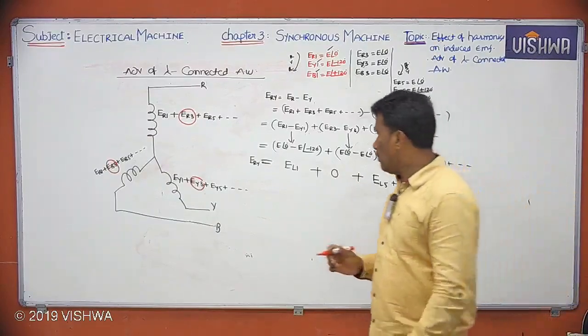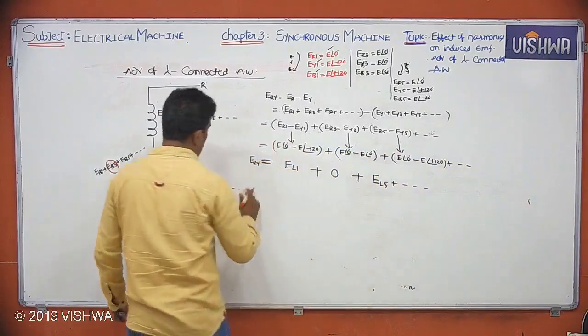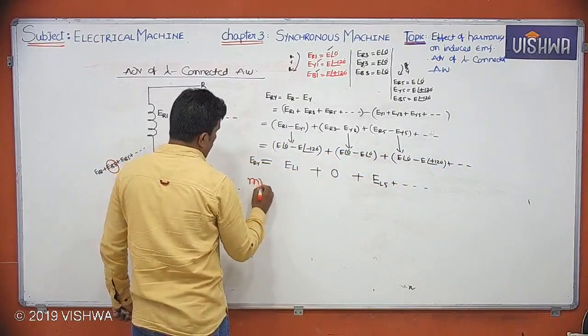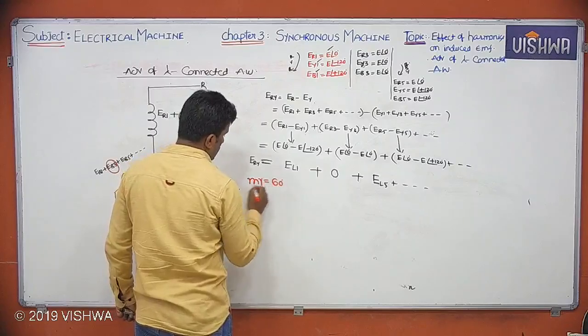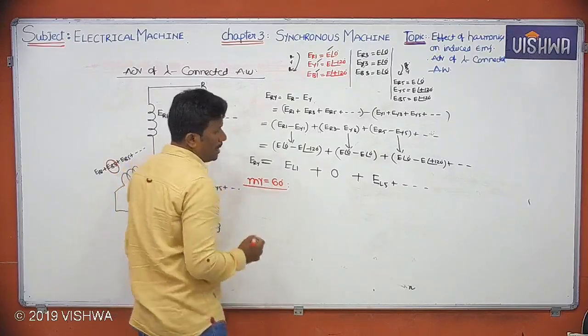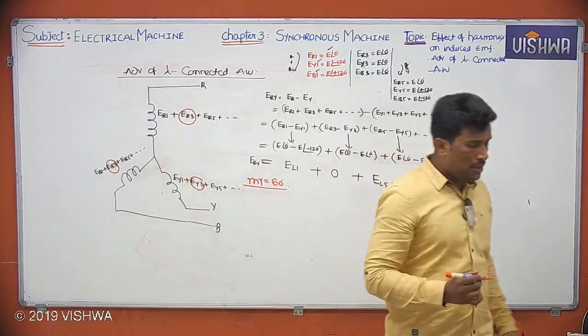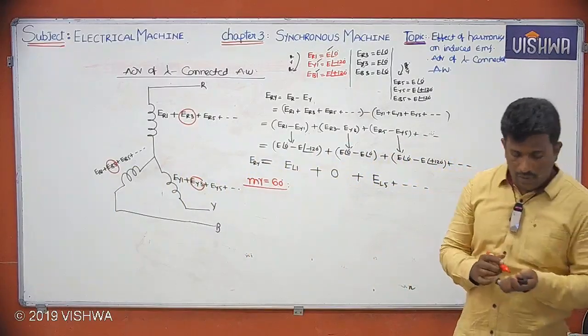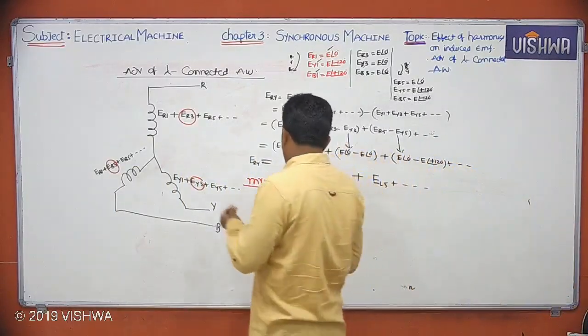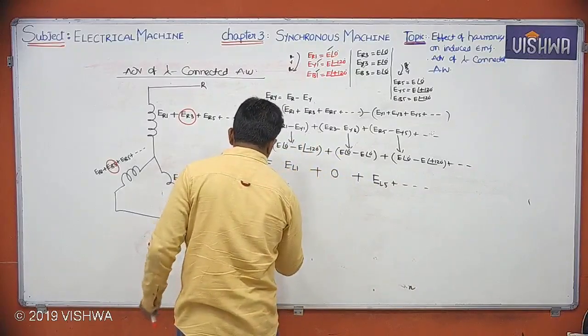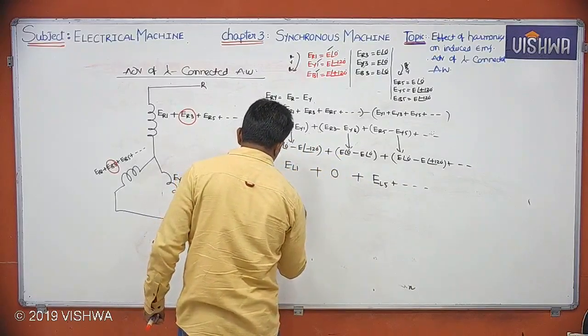Okay. And now here one thing I want to say. First of all, let me take a 60 degree phase spread. I'm asking you a simple question: in a 60 degree phase spread, if I want E phase RMS value, what's the formula?